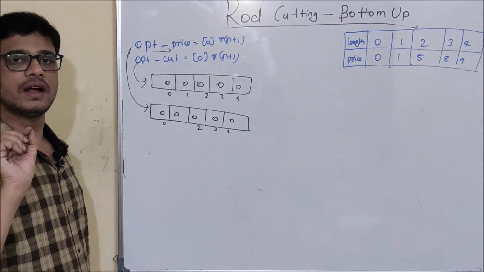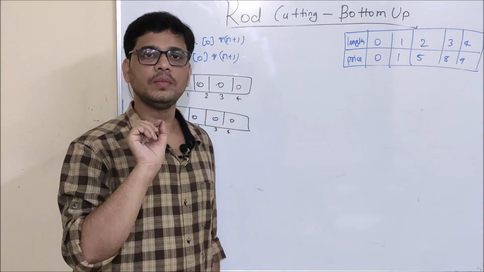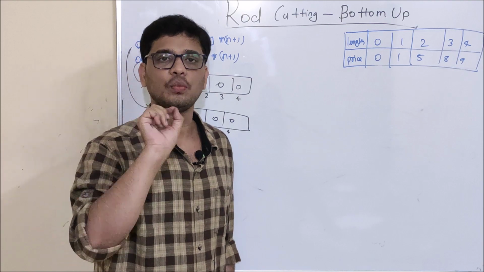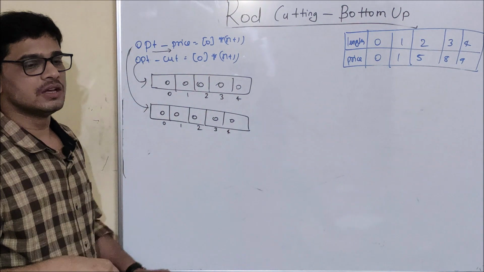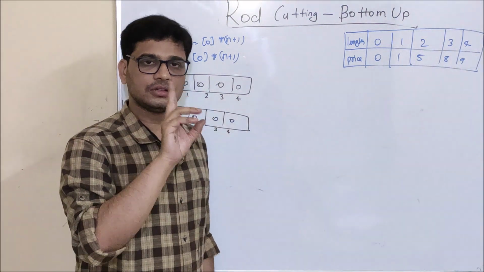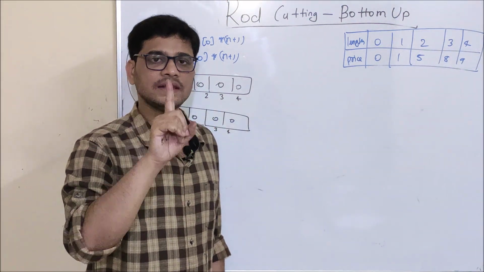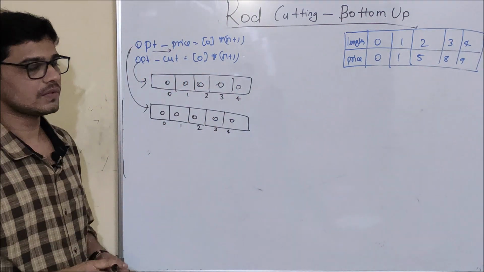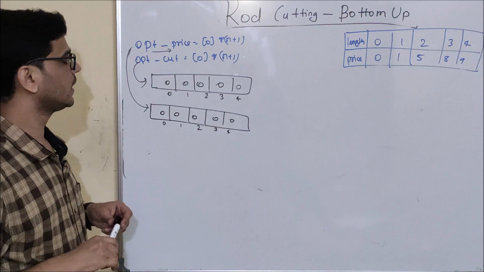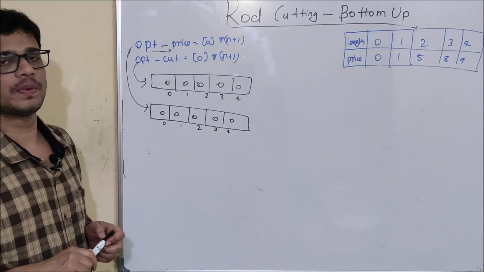Similarly, in the second index, suppose a 1 meter cut has given me the optimal answer, so I will write 1 here. Now this is what I am going to do with this opt cut and opt price array.